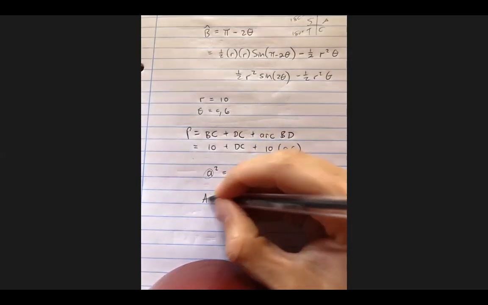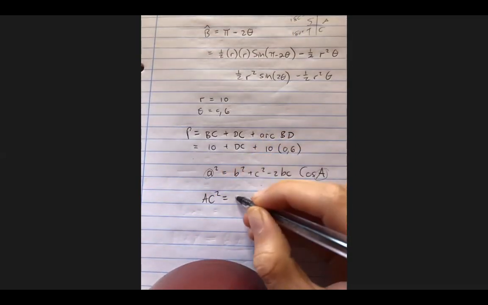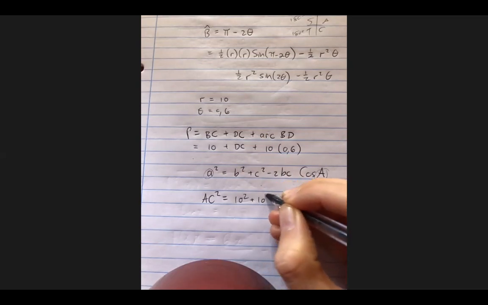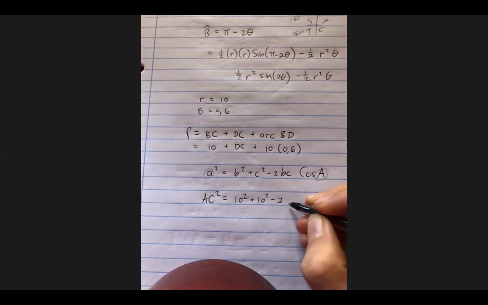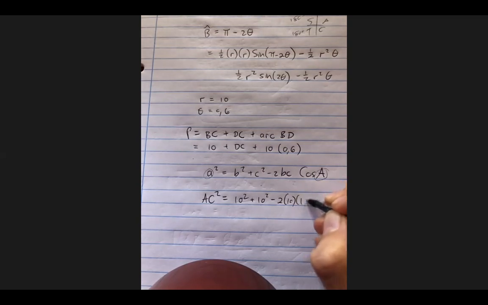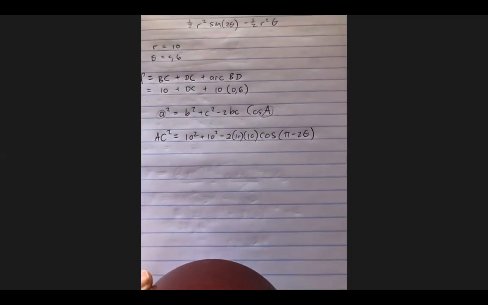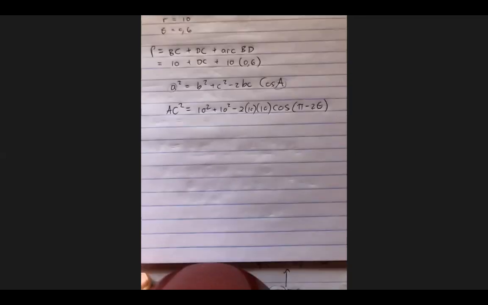Basically, this is the AC I'm looking for. This is my radius, or just R, like they gave it to us. And my interior angle was B. So I'm going to write it down like this. Okay, you can't see. That is what I want the cos rule to look like.